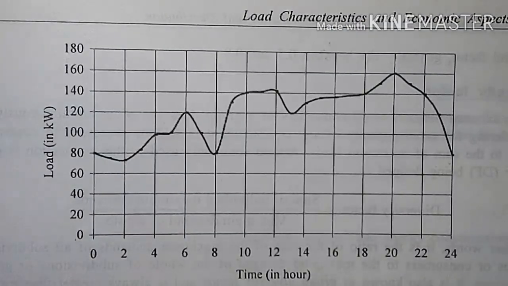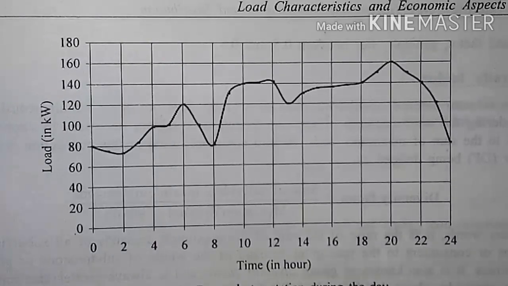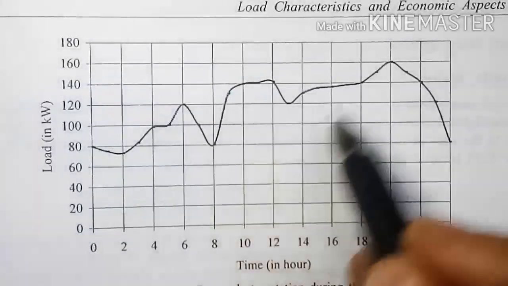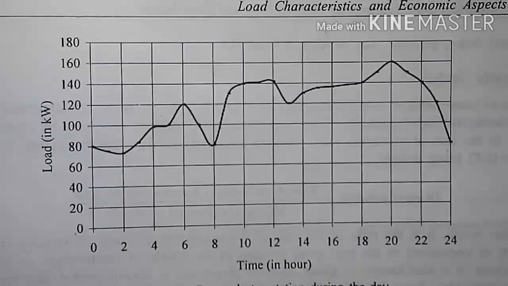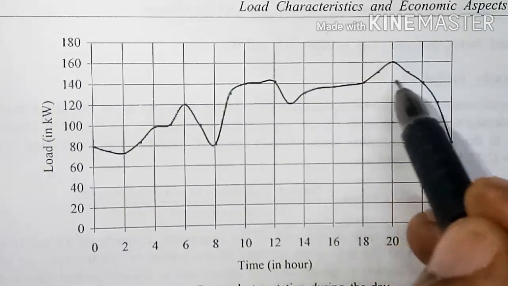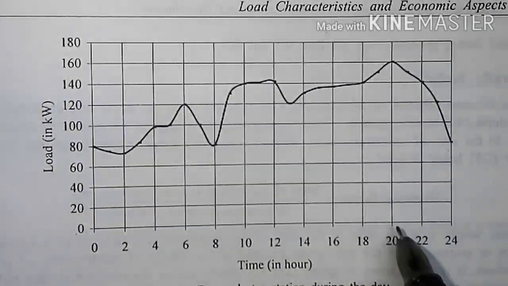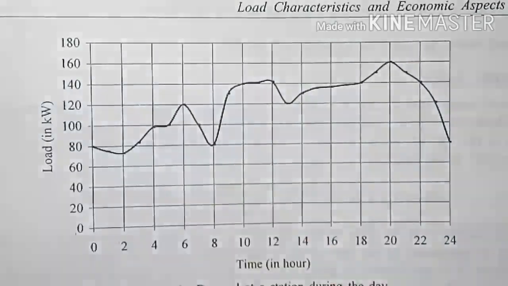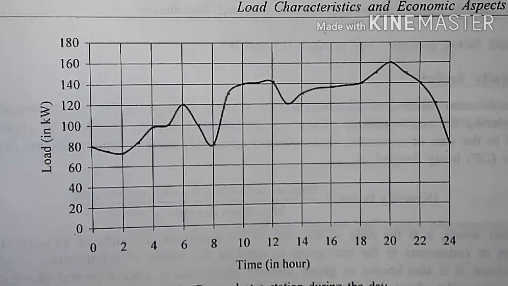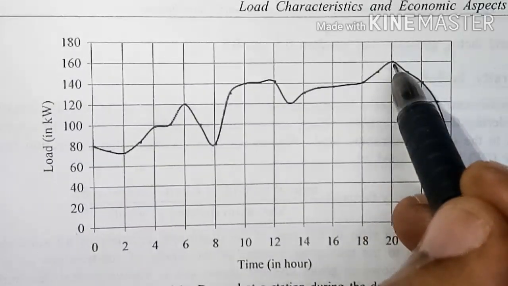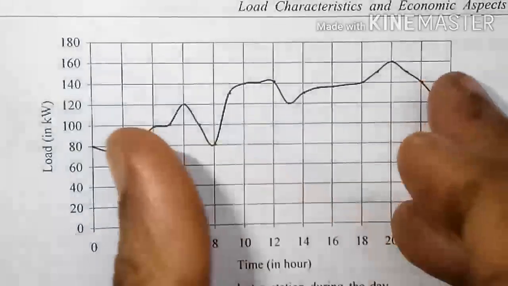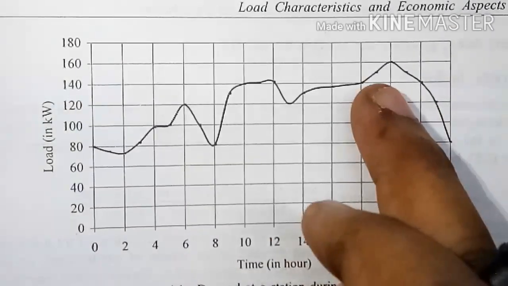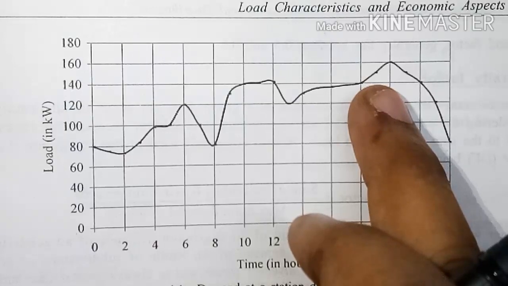Now you can see here, in a day the maximum demand has only occurred at 8 o'clock in the evening, and that maximum demand is 140 kilowatt, and rest of the time the demand on the system or power drawn by the circuit is less than 140 kilowatt.